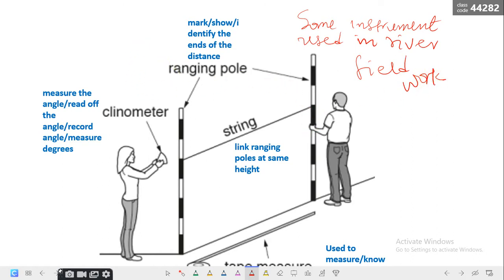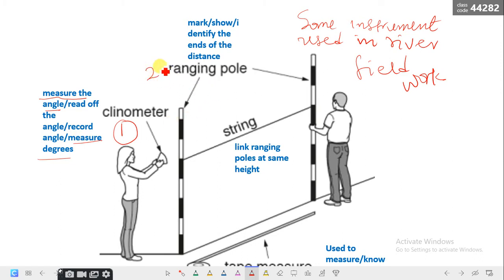I've seen IGCSE questions where instruments are given to you and you're asked to describe how you can use them to carry out a particular measurement, or to state the functions of those individual instruments. Let's start with the clinometer. The clinometer is used to measure angles, and they are usually measured in degrees. Whichever one you can remember, they give you your mark.